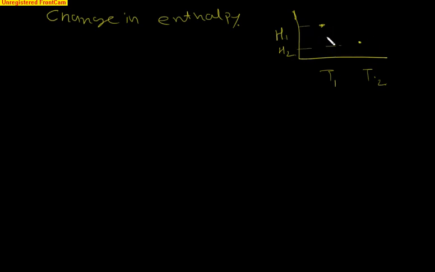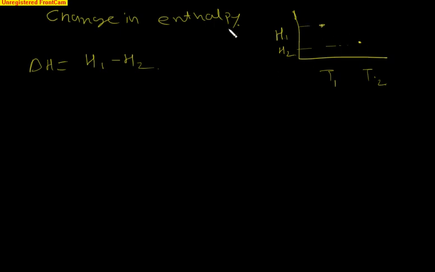If I ask you what is the change in enthalpy of the system, what will you say? You will say H2 minus H1, delta H. It just depends on the initial condition and final condition.